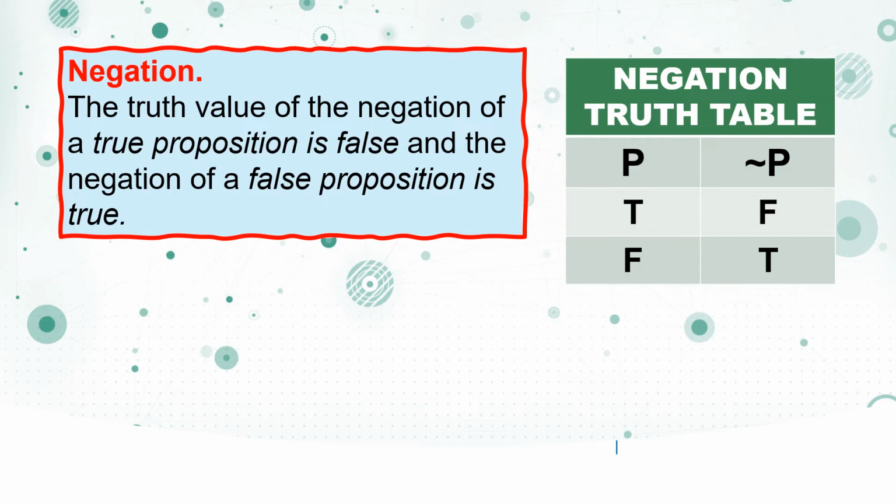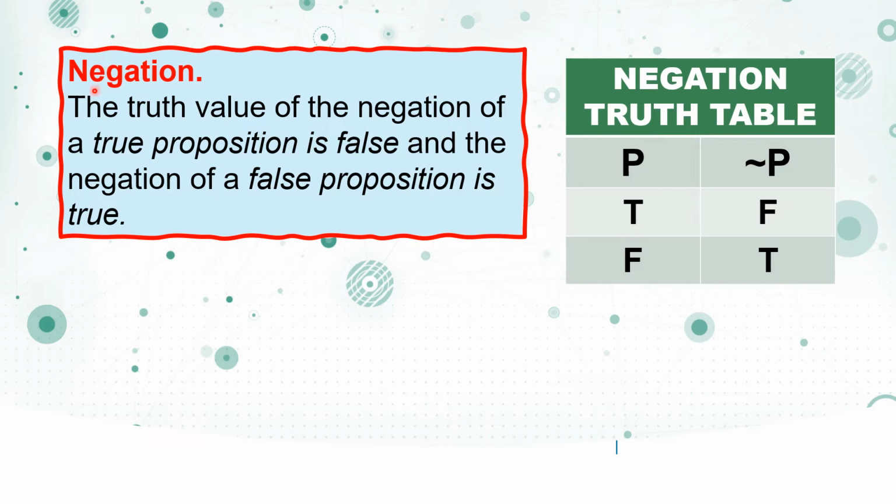If a given proposition is a compound proposition, the truth table is used to exhibit the relationship between the truth values of its simple components and the truth values of the given compound proposition.